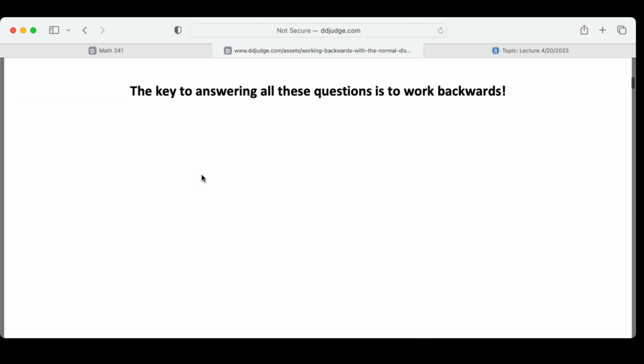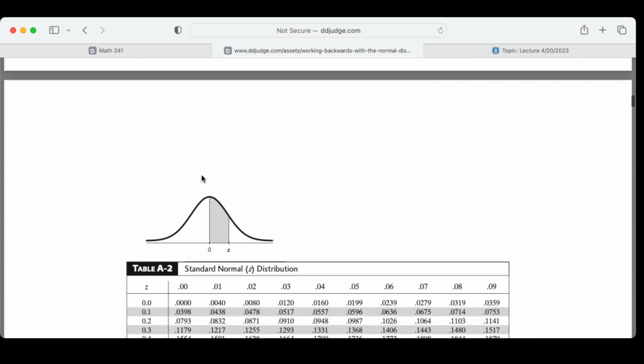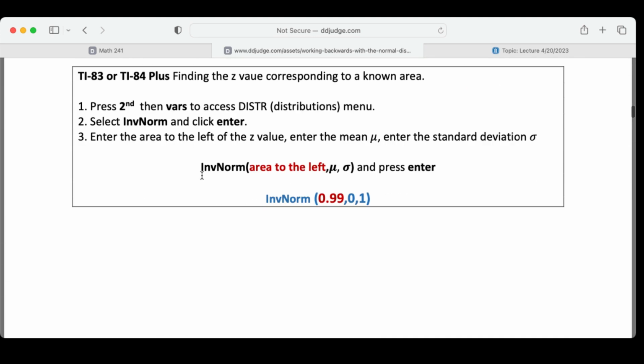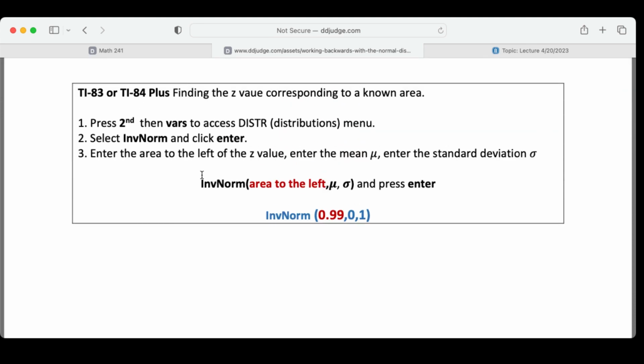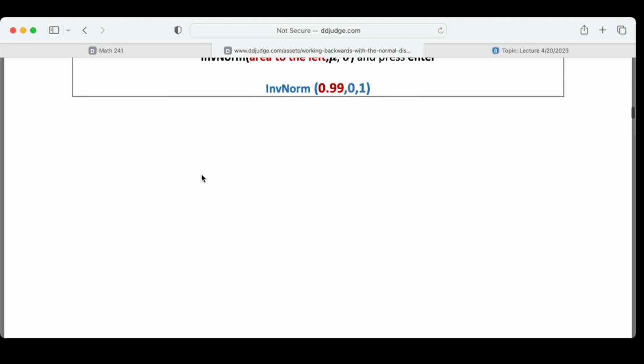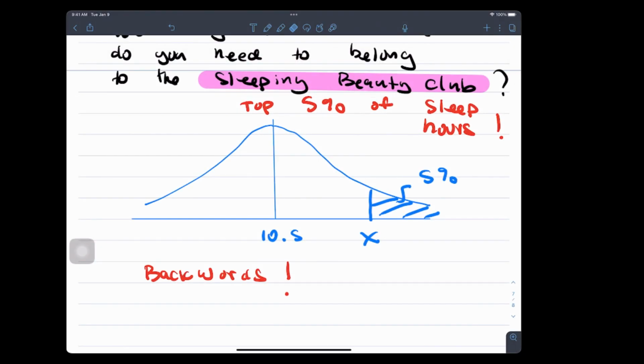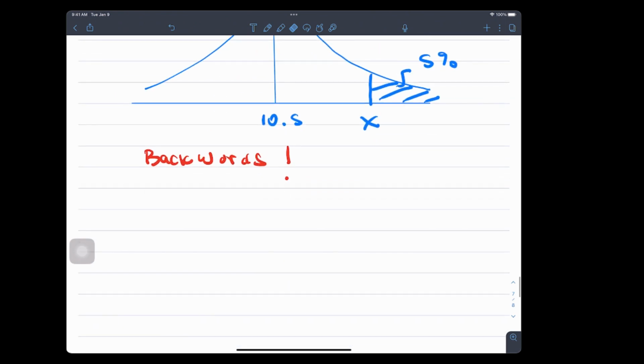Anyway. The key to answering all these questions is working backwards. Okay, we don't need this. We don't need tables anymore. That was the old days. We need what, though? Inverse norm. We need inverse norm. So we're going to go to the TI. Working backwards.